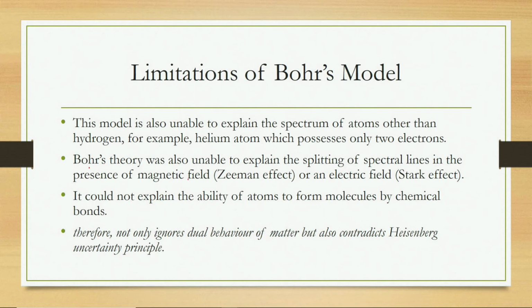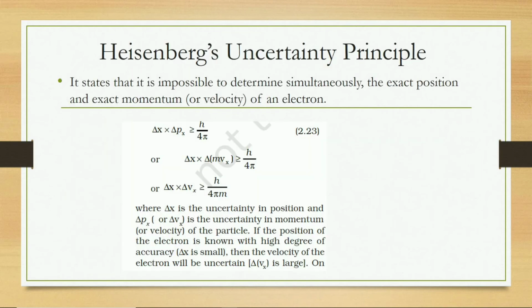It doesn't explain the Zeeman effect or the Stark effect. It couldn't explain chemical bonding, and it ignores the dual behavior of matter, which also contradicts the Heisenberg uncertainty principle.